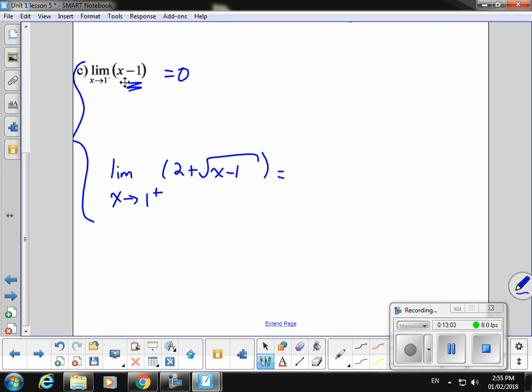And if I do a direct substitution, I end up with a value of 2. We can see that the limit coming from the left and coming from the right has a different value. So this does not have a limit. And we could see that graphically. It was undefined, it was discontinuous, and there was no common value.